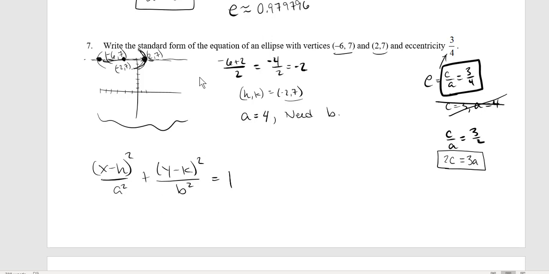But keep in mind over here, because we know the a value, we also know the c value. A is 4. So c, it looks like, is 6. Right. But this is nice. We know c squared equals a squared minus b squared. So that gives us c is 6, a is 4.